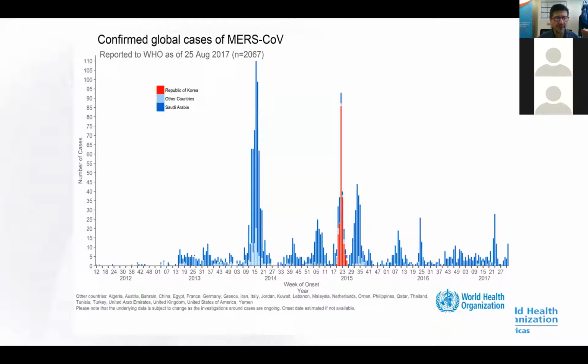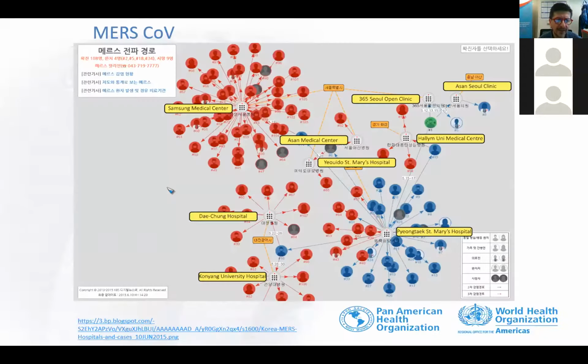And here, just to mention, I'm not going to go into the details, of course, but I simply want to show you this very important outbreak of 2015 in Korea, where as a result of one single case, which is this one here in green, a single case which was in contact with someone, and after several trips in Korea, the person was in different health centers.